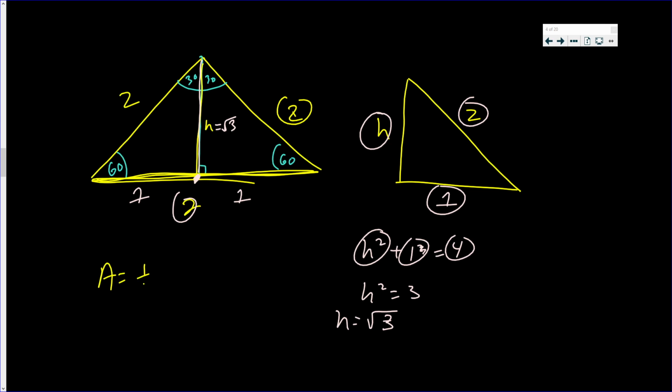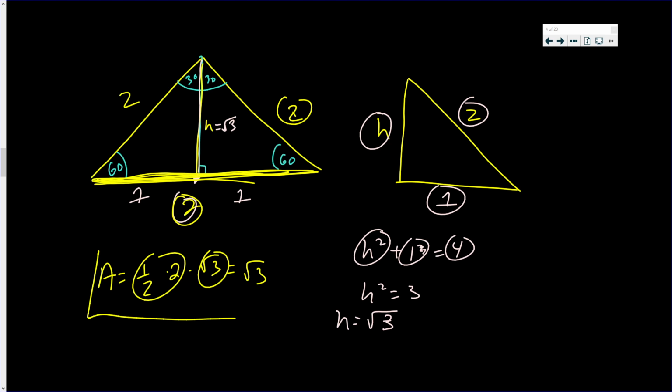The area is 1/2 times, say, the base, which is 2, times the height, which is square root of 3. Half of 2 is 1. 1 times square root of 3 is the square root of 3 square units. Okay, because maybe the base was 2 inches, the height was square root of 3 inches, and inch times inch is square inches.